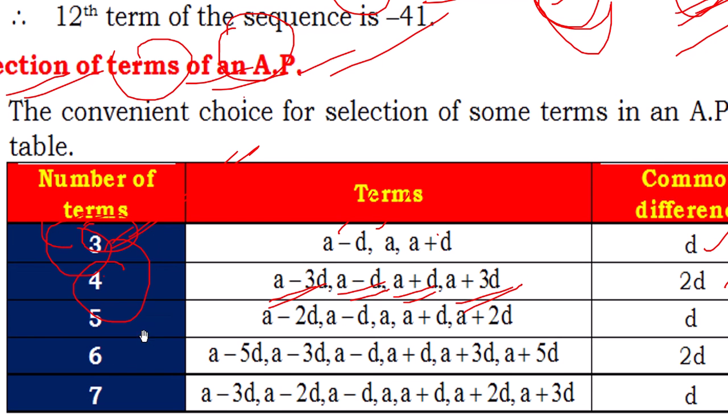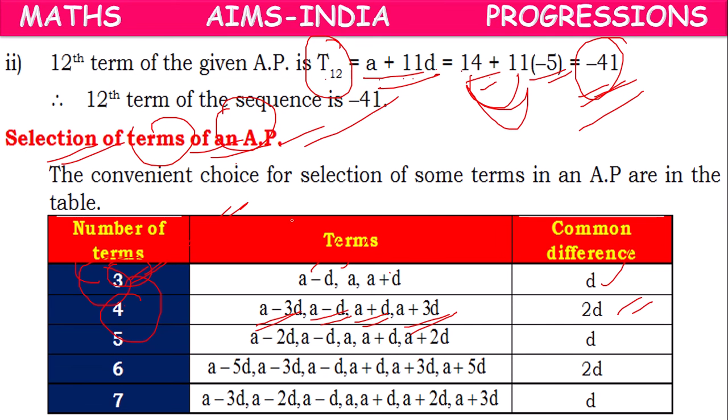If the number of terms is even, like 4, 6, there is no middle term: a minus d, a minus 3d, a plus d, a plus 3d. The common difference is 2d. So for our convenience, for easy calculations, based upon the number of terms, we can take the terms like this, children.